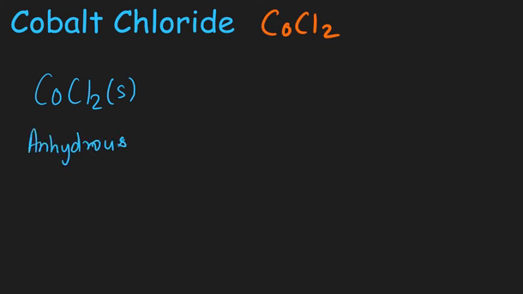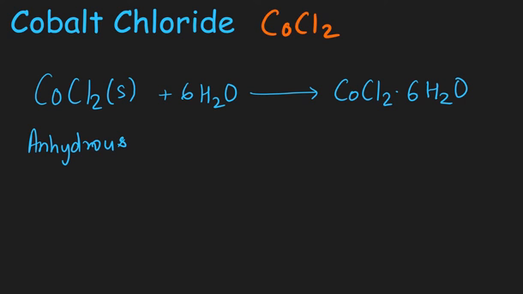To that if I add water, this changes into hydrated cobalt chloride with the formula CoCl2.6H2O. Notice again the color changes from blue to pink. So the hydrated form of cobalt chloride is pink in color.